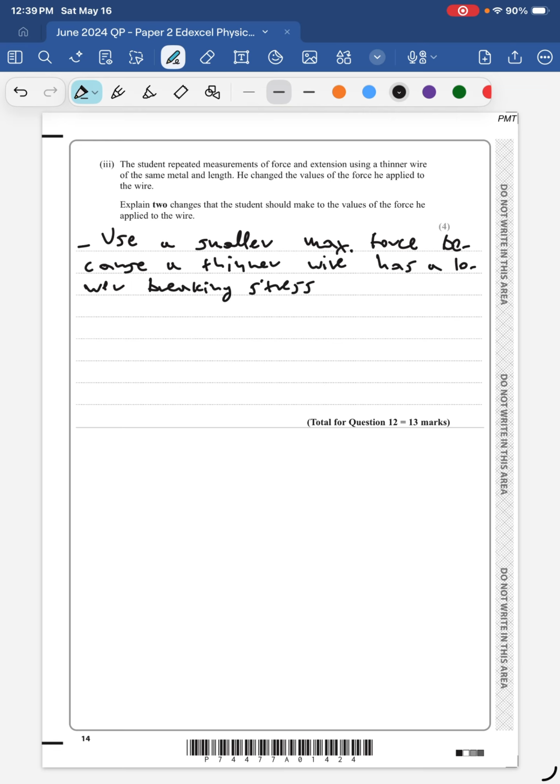Breaking force will exceed the limit of proportionality at a lower load.